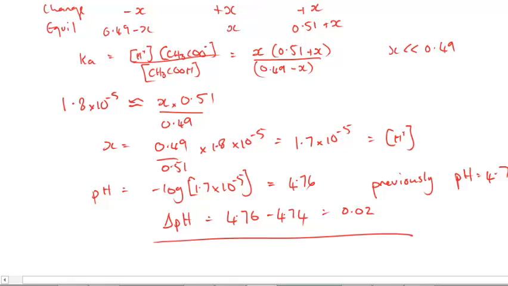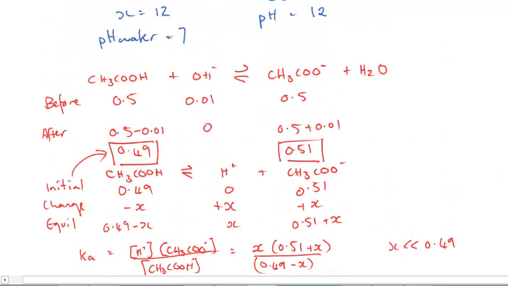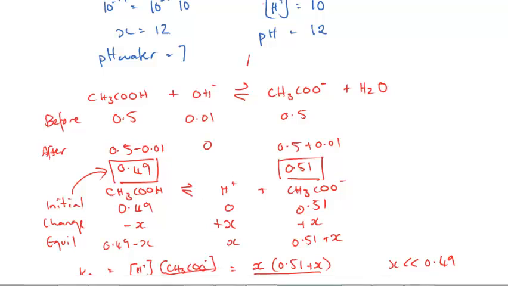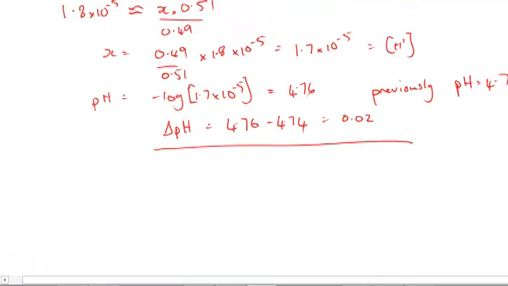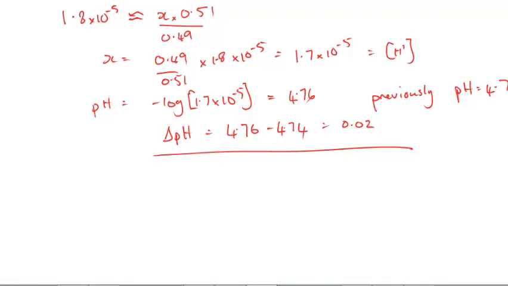And we compare that to the change in pH here, where it was 12 minus 7, so 5, for the same amount in water. So this is an example of buffering. You can see that by adding a small amount of hydroxide, the buffer counteracts that addition and gives you a way of buffering the solution.